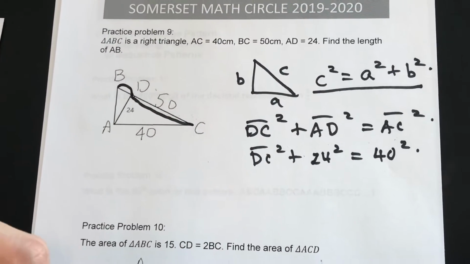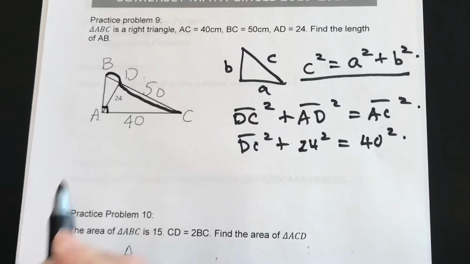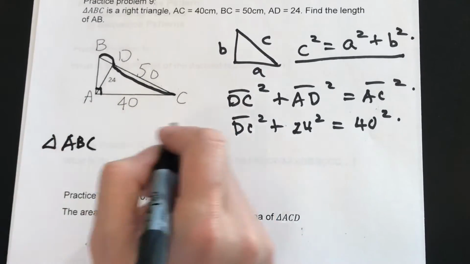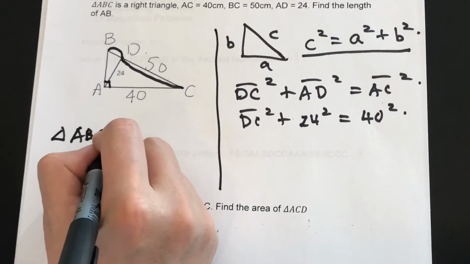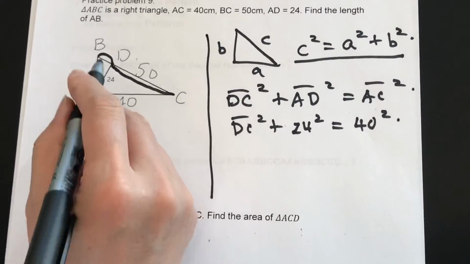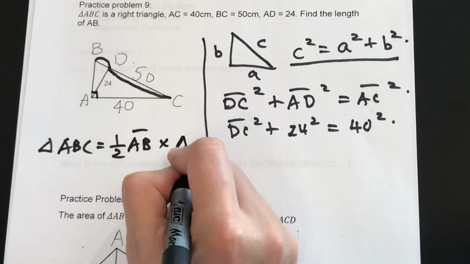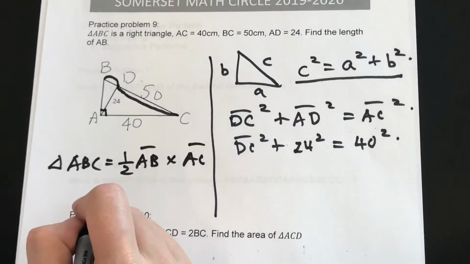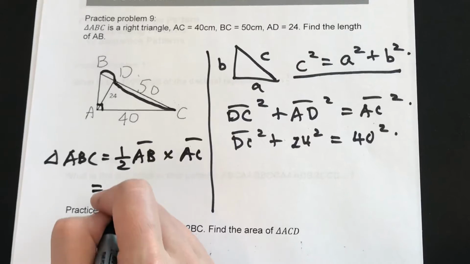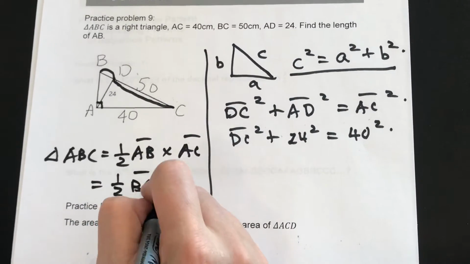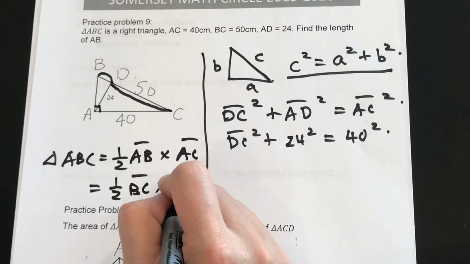There's a different way of doing this. Since this is a right angle triangle, the area of ABC, this is the second method, can be equal to 1/2 the length of AB multiplied by the length of AC. Or the area can be written as 1/2 base BC, and now the height is AD.